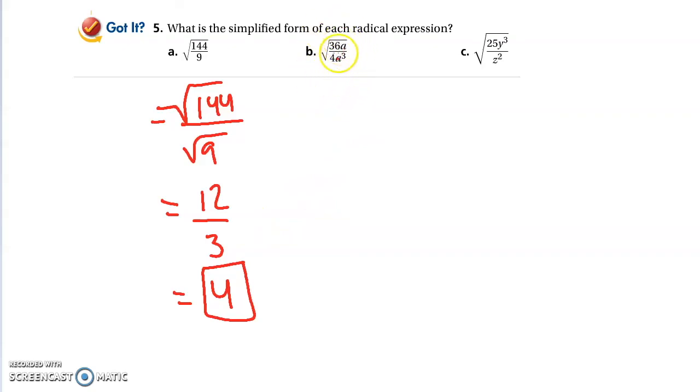Looking at part B, I have some variables in there. I do note that the 1 a on top can cross cancel with one of the a's on the bottom, and I can rewrite this as the square root of 36 over 4a squared.